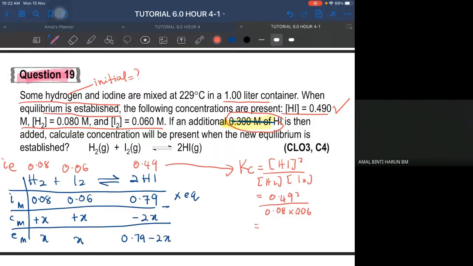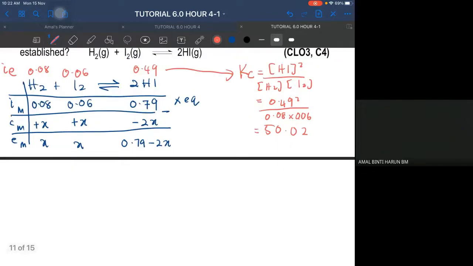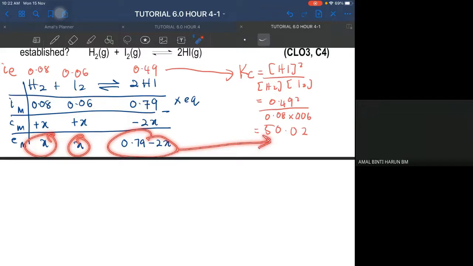So the initial KC, initial concentration at equilibrium, boleh dicari KC dia, which is 50.02. Then to solve this value of x, find the concentration at equilibrium, we can use this KC. Nampak?